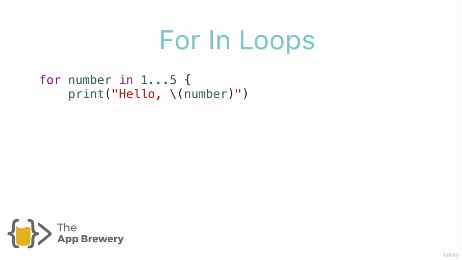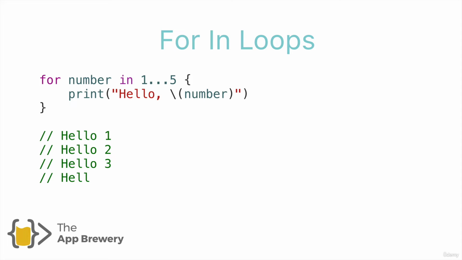So if we decided to print out the number each time the loop is run, then this number constant is first going to be equal to 1 the first time the loop runs, and then this entire block gets executed and we should get the words hello 1 printed. The next time, number is now equal to the next value in the range, so it'll be 2, and so on and so forth. So we'll get this looping effect running a total of 5 times because our range goes from 1 all the way up to and including 5.